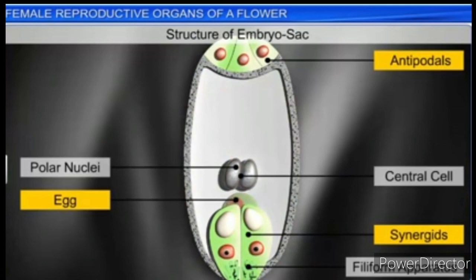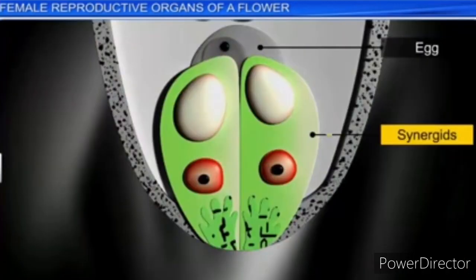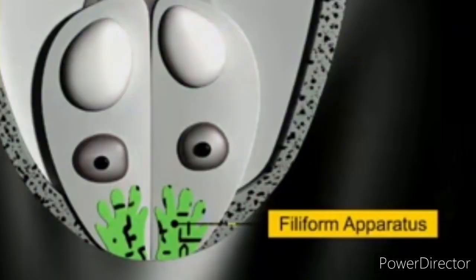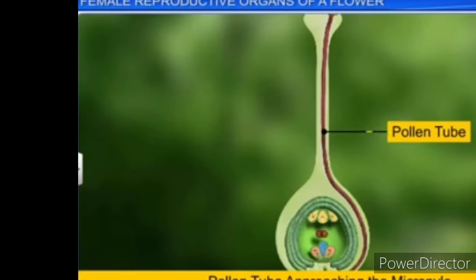Okay, now we will see that one more time. I am explaining the distribution of the cells within the embryo sac. Listen, 3 cells are grouped together at the micropylar end and constitute the egg apparatus. The egg apparatus consists of 2 synergids and 1 egg cell. What are the synergids? The synergids have special cellular thickenings at the micropylar tip called the filiform apparatus, which plays an important role in guiding the pollen tubes into the synergid.